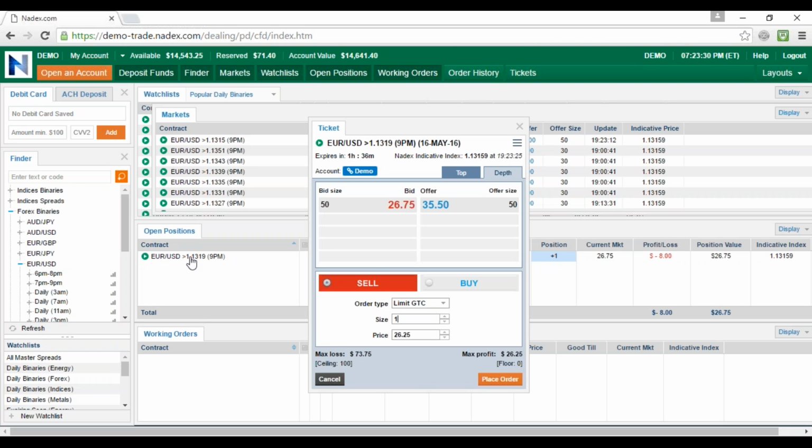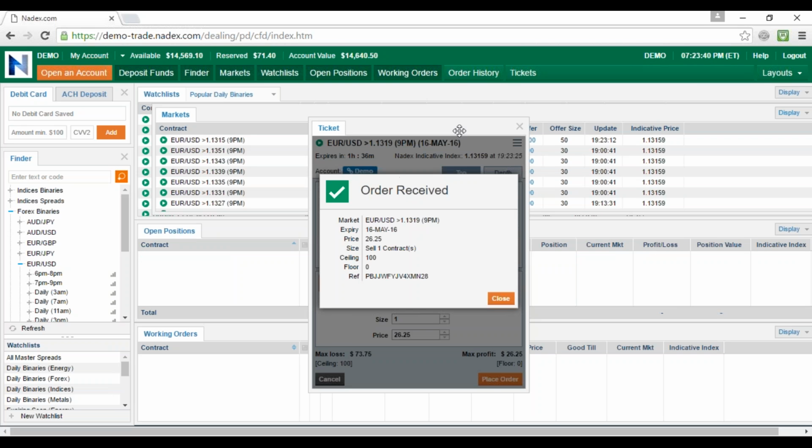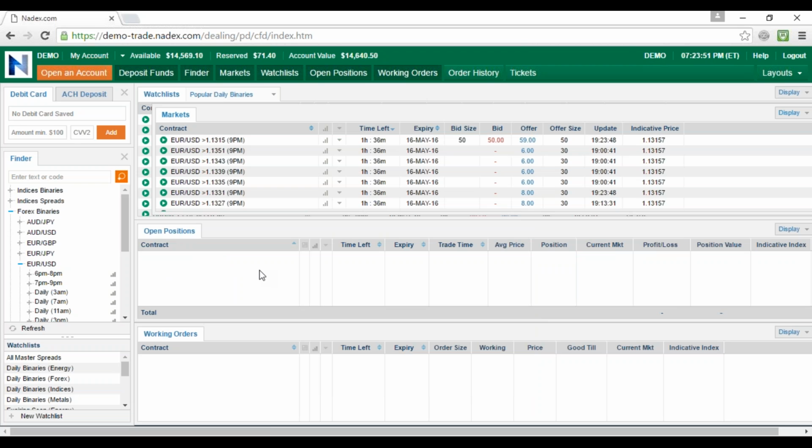Because it knows if I bought it, I'm clicking it to get out of it and sell it. And it automatically fills in the price for whatever the current price is that I can sell it for. And I hit enter and I sell it and it's gone, okay? And the difference of what I've made or lost is added back to my account, okay? So that's it. That's how you get out of something, okay?